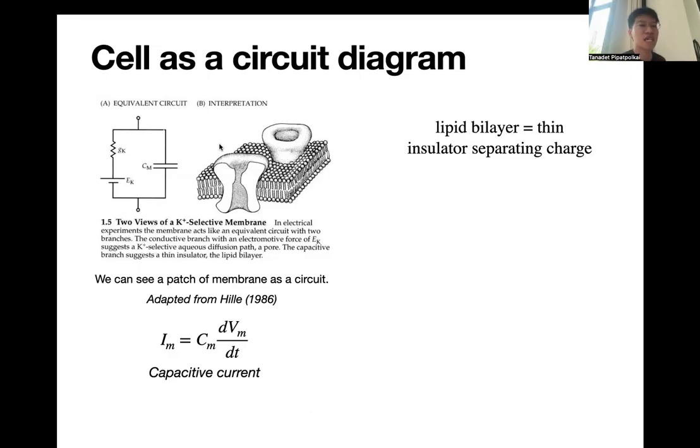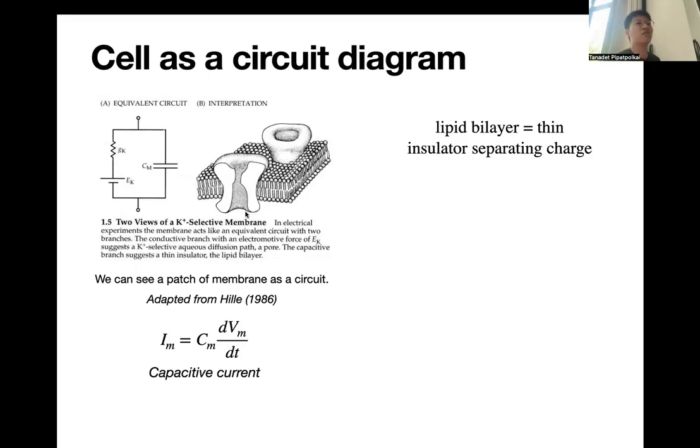And we have this channel here where ions can go through, acting as a resistor. If you think about a resistor, it is basically something in your circuit which makes the electrons flow through slower, right? It can be anything really. It can be even the length of the wire itself can also be a resistor. In here, it's the ion channel.